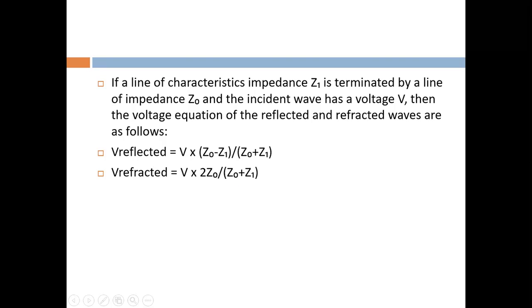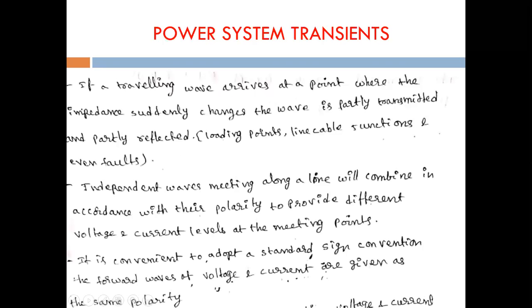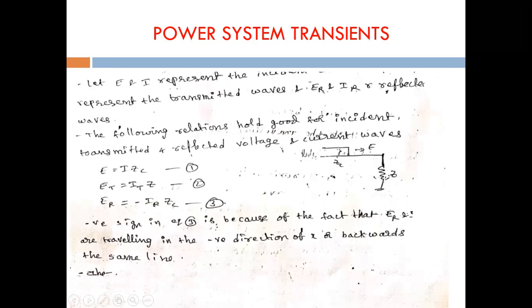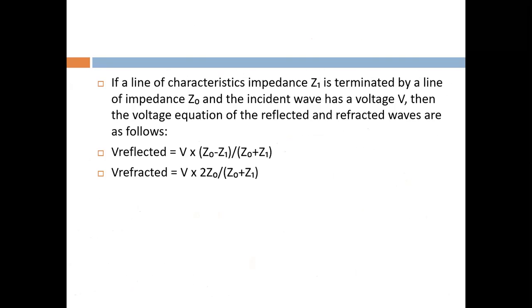Here Z0 is the line impedance and Z1 is called the characteristic impedance. Therefore the reflected and refracted waves depend upon the line impedance and also the characteristic impedance.